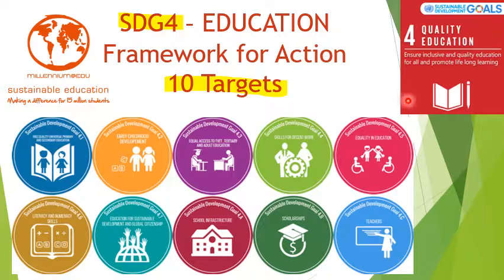Because education is an enabler, a dimension of the different goals on energy, water, cities, whatever. Education is part of the agenda. Then we need to look at this framework, which is like the plan of action for the coming years and how to define education.